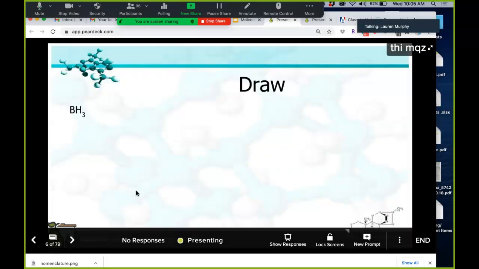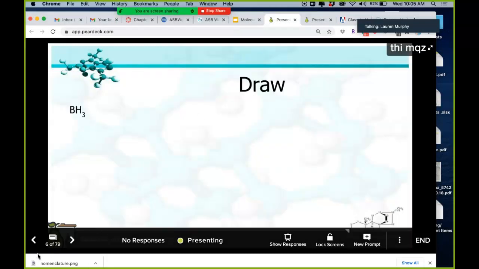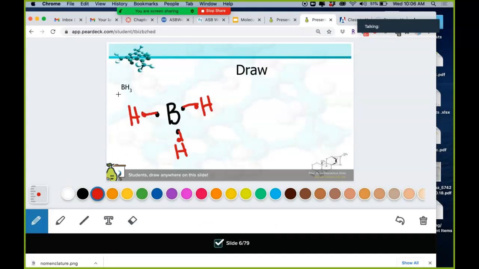Please draw BH3. So this is a molecule that has an incomplete octet, 2, 4, 6 electrons around boron. And remember, boron is an exception. It's okay. It can be stable this way. Now, the way I've drawn it is not necessarily incorrect. However, I haven't drawn it very well to shape.